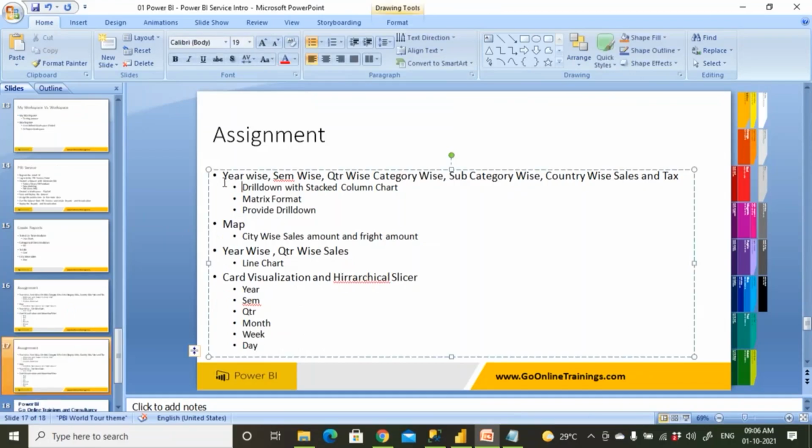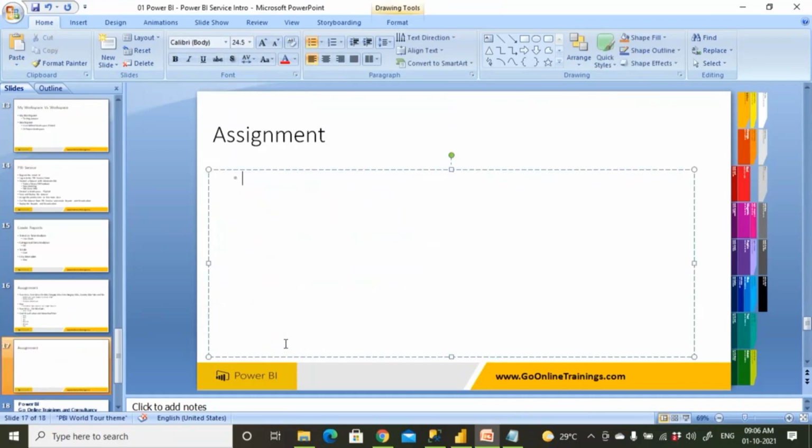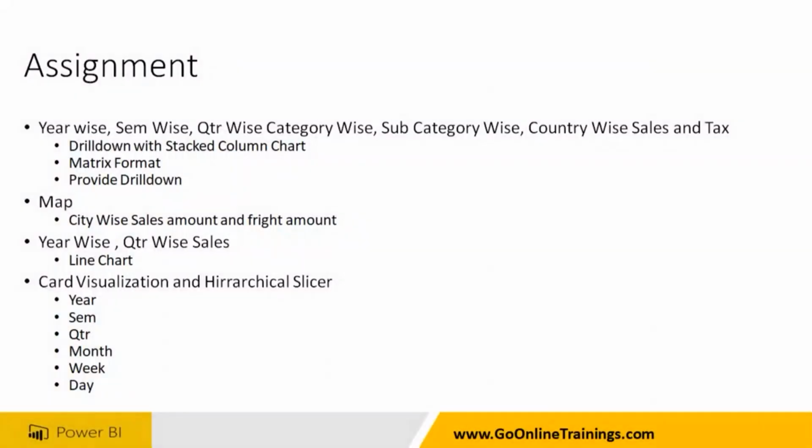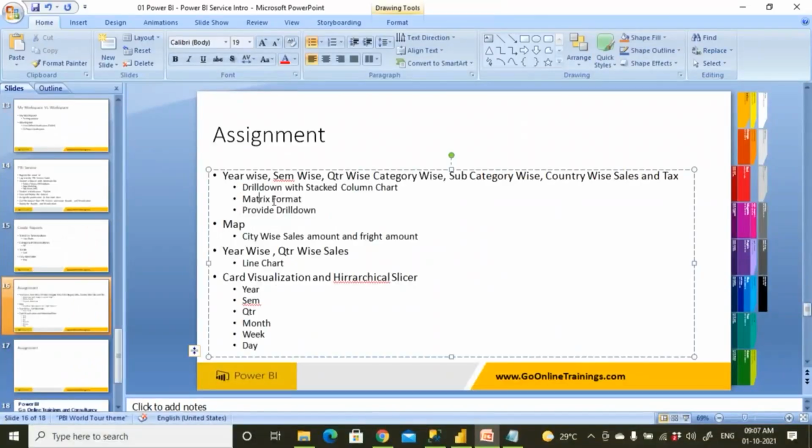Now let me give you some more assignments. Okay, you need to work on this weekend. These reports you need to work on without fail: year wise, semester wise, quarter wise, category wise, subcategory wise, country wise, sales and tax, drilling down with stacked column chart, matrix also. One more report, matrix visualization, this is hierarchical data.